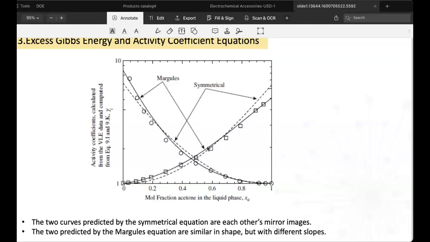Yeah, we can plot the data like this. Okay, you have a lot of experimental data. Okay, you take the slope here, for example. You calculate the slope of gamma 1 and also the slope of gamma 2. You see that the sign of the slope here and slope here must be different, right? Positive and negative. Yes.